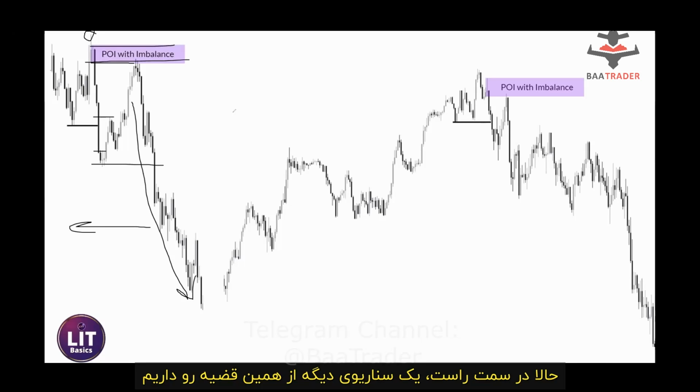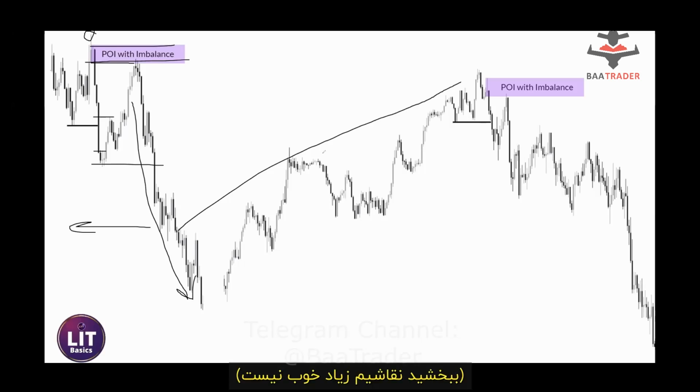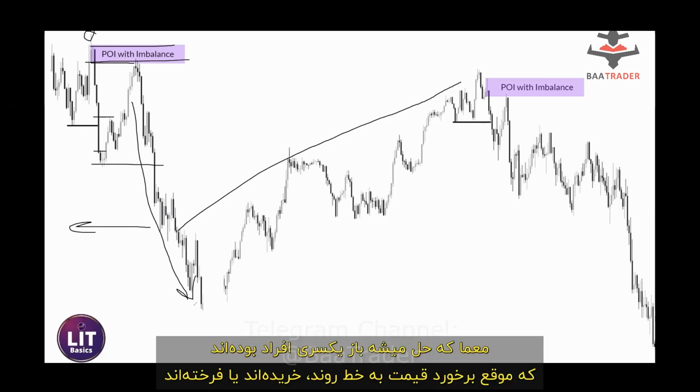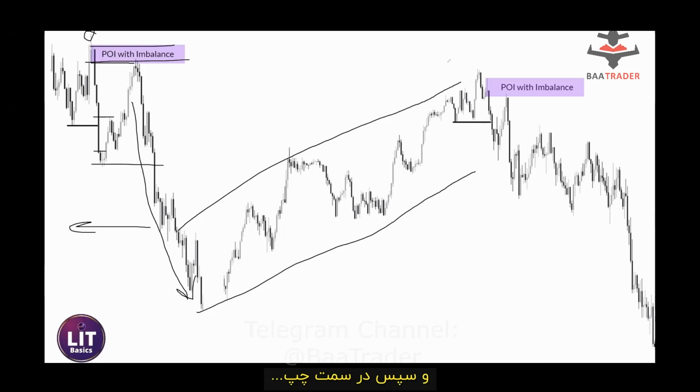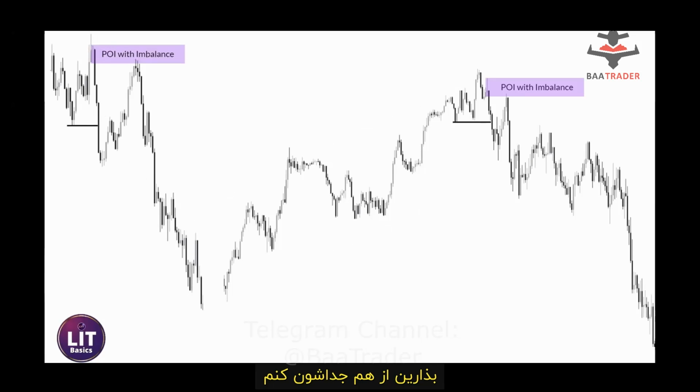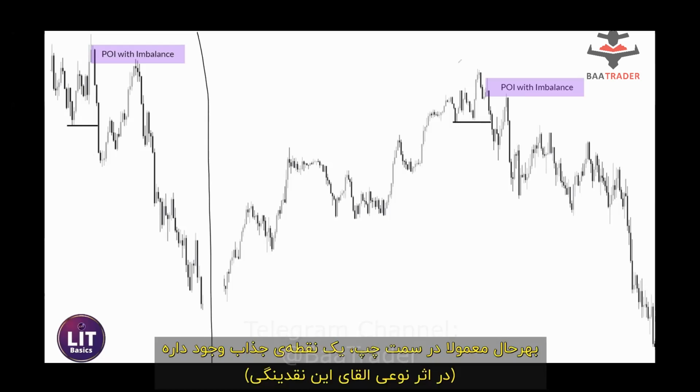Now to the right we have another scenario of the same thing. Again, we have liquidity in the form of this channel. Not the nicest drawing. Again, to the high side we have people buying as well as selling when it touches the trend line. And then of course to the left, again, they're not the same chart, just to reiterate that, there's a split there, but to the left usually is a POI of some sort or inducement of this liquidity.